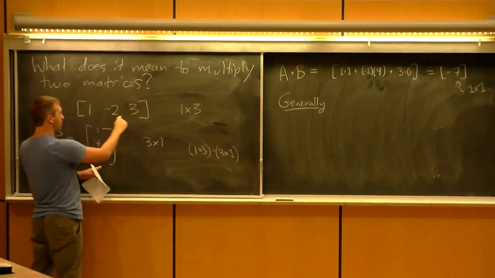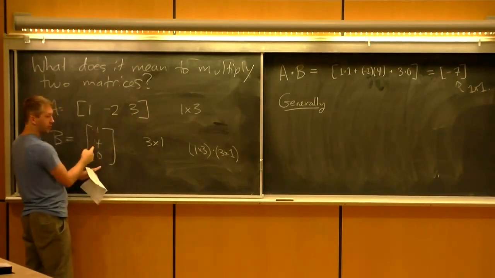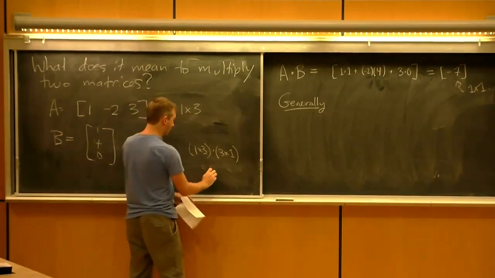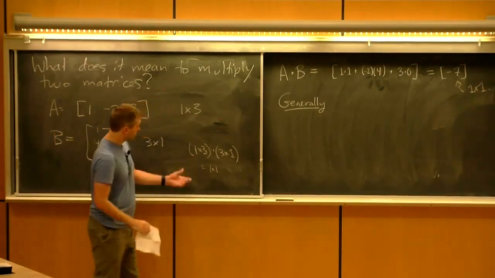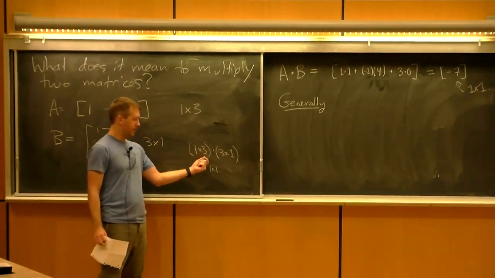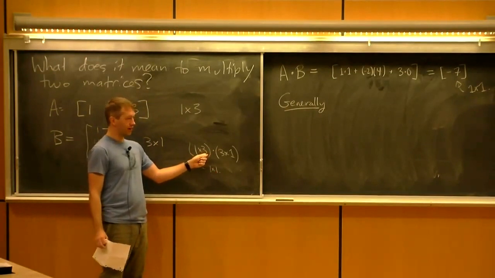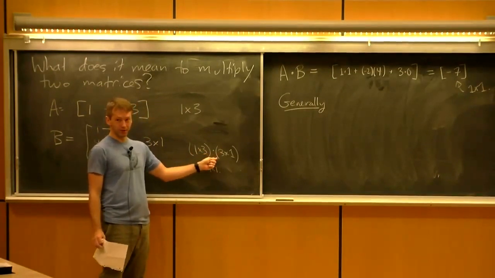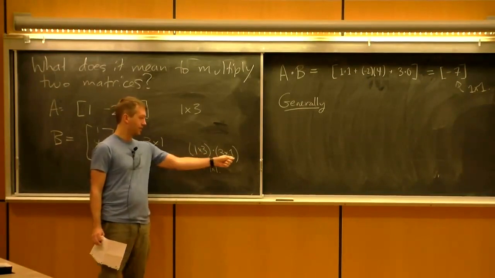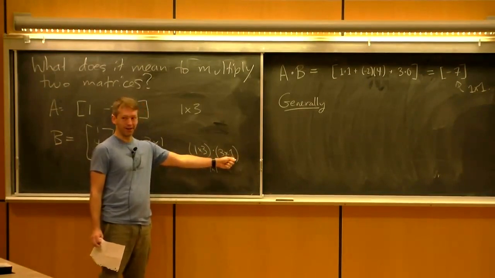So the number of columns here has to equal the number of rows here. And what it gives you is a 1 by 1. So generally, to multiply two matrices, you need the number of columns of the first one to equal the number of rows of the second one. And what you get as the result is whatever number you have here by that number you have here.